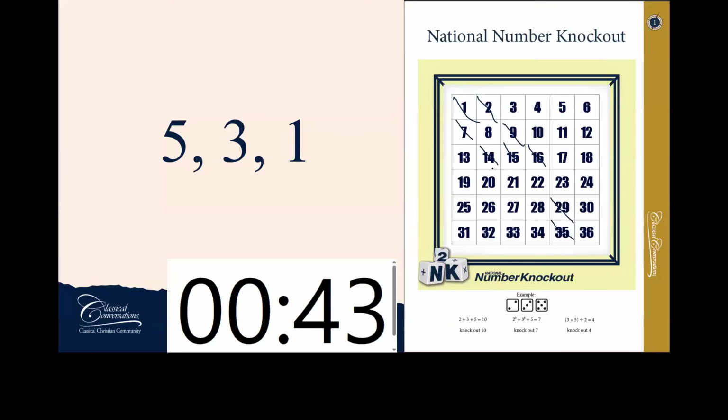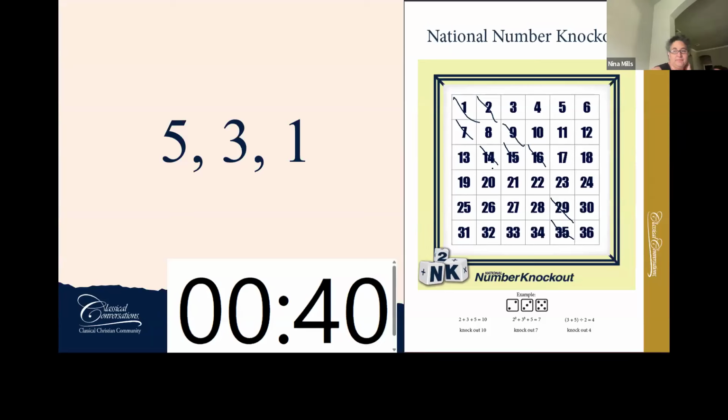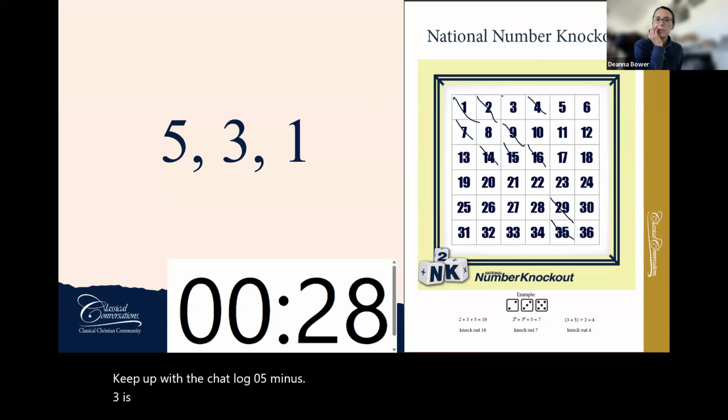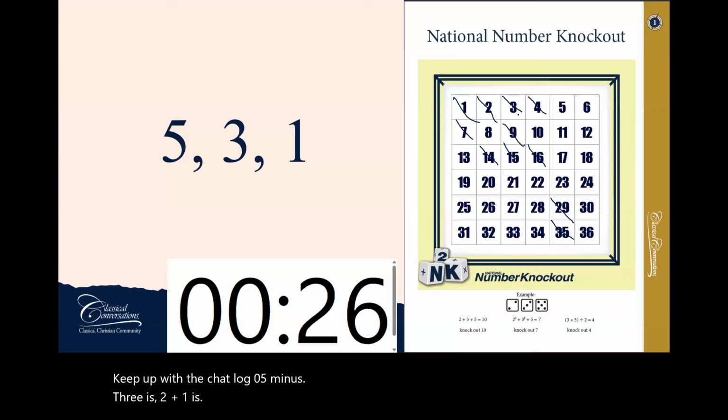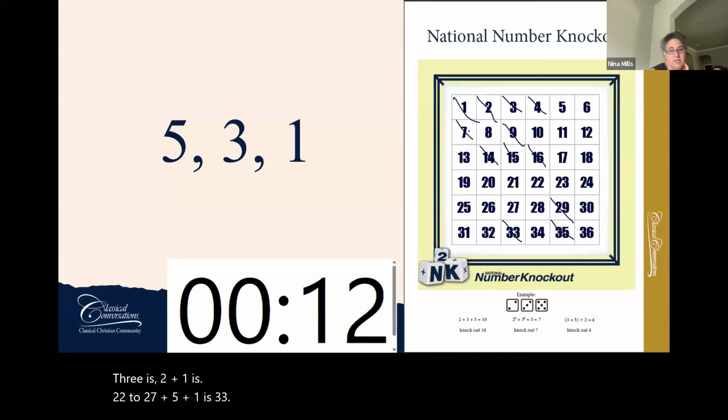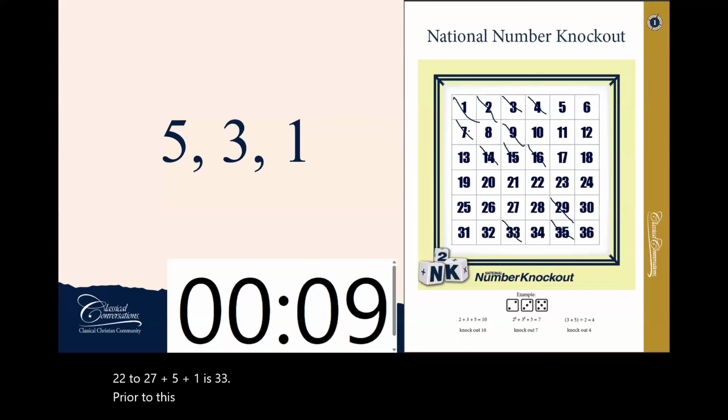5 times 3 is 15 minus, oh, we already got that one. Trying to keep up with the chat log. Oh, 5 minus 3 is 2 plus 1 is 3. 3 cubed is 27 plus 5 plus 1 is 33. 5 to the 0 is 1.